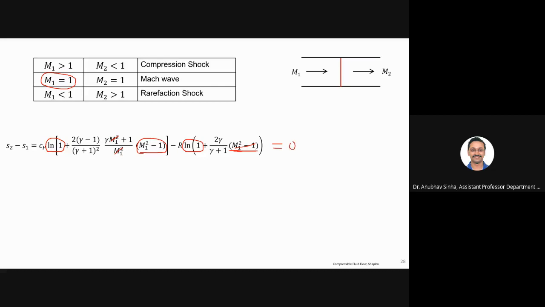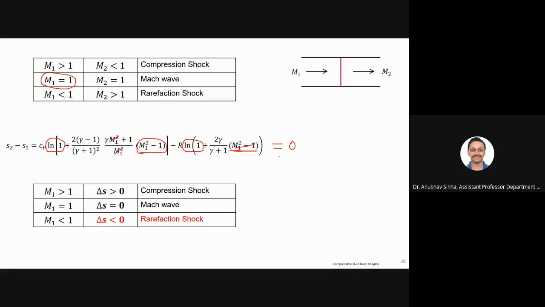So will it be possible or not possible? This will be a limiting case, an ideal limiting case where entropy is constant, or we can say that this is a reversible case. If you do the calculation for M1 more than 1 or less than 1, for M1 more than 1 we get delta S positive.